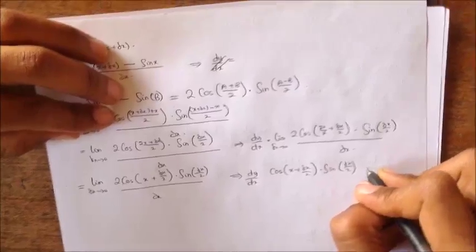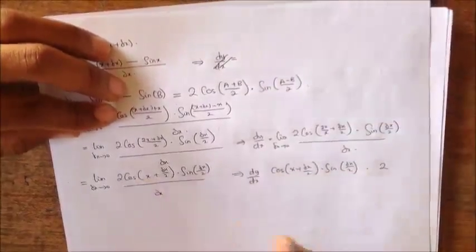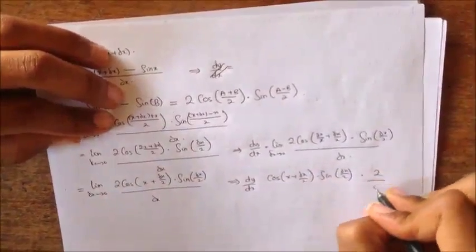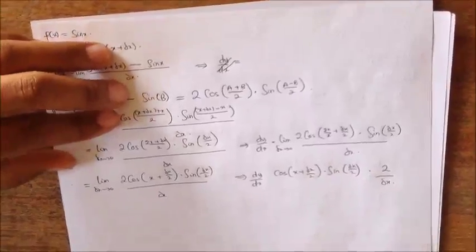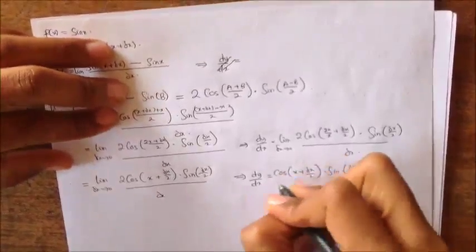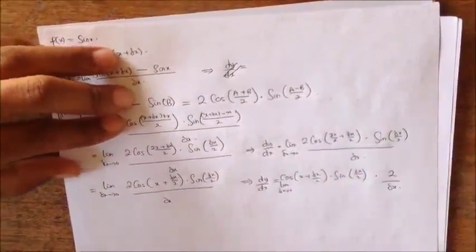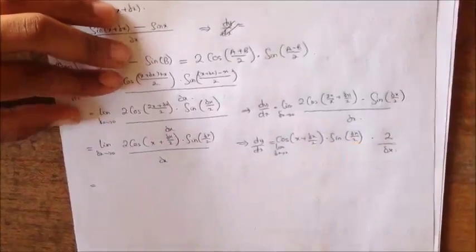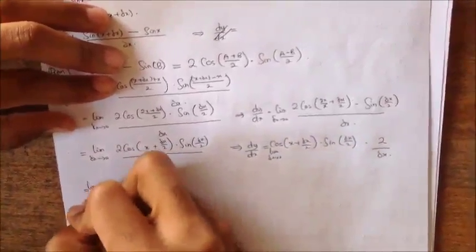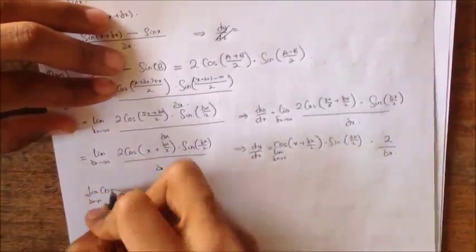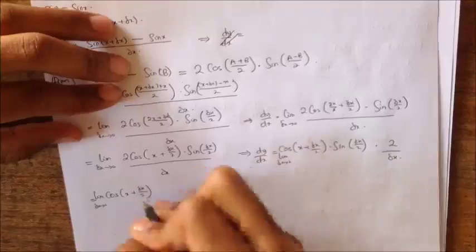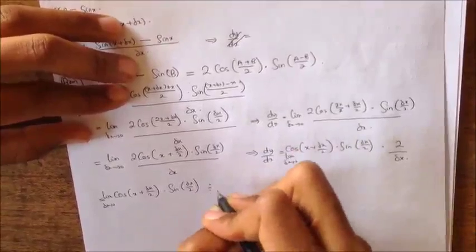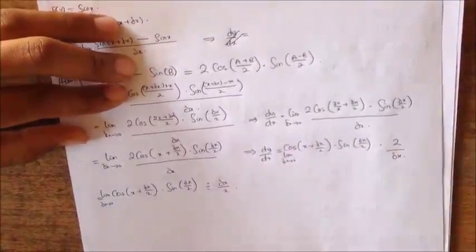This is allowed. So the limit as delta x tends to 0 of this, I can rewrite again as cos of (x plus delta x divided by 2) times sine of delta x divided by 2, divided by delta x divided by 2.